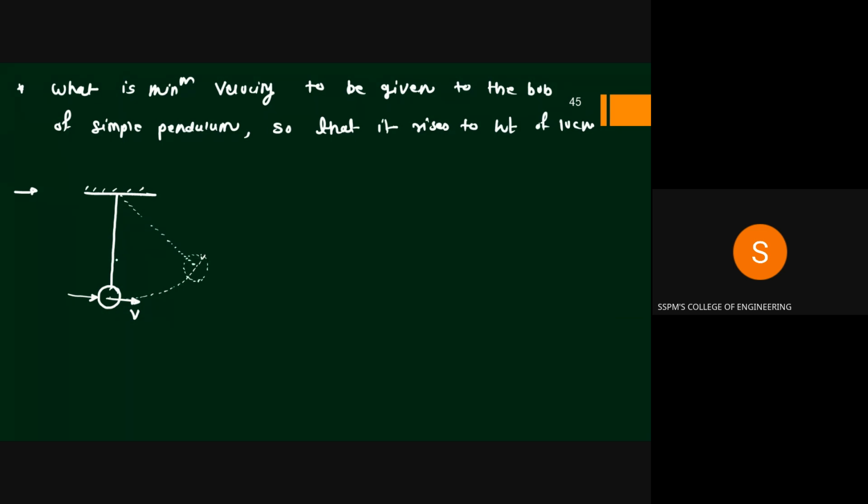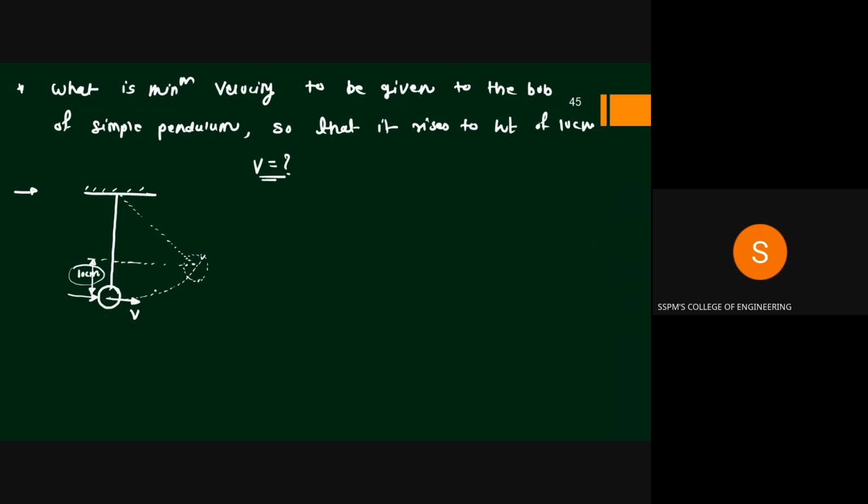So this height is given in the problem. This is equal to 10 centimeter. So the question is, what should be the value of v so that the bob will cover the vertical height of 10 centimeter. Okay.